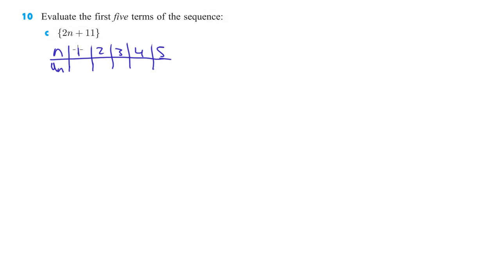So 2 times 1 is 2, plus 11 is 13. 2 times 2 is 4 plus 11 is 15. And then you put a 3 in there: 6 plus 11 is 17. Look, we're going up by 2 each time, which is signaled by the 2 right there. So we just add 2 more to get to 19, 2 more to get to 21.